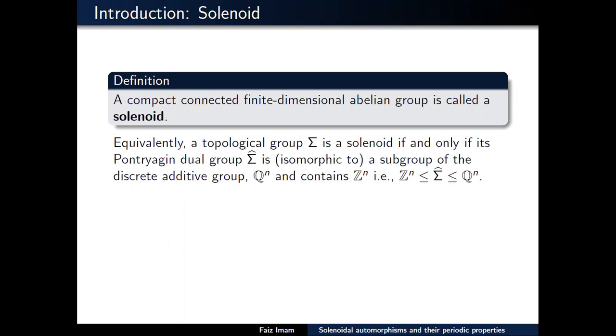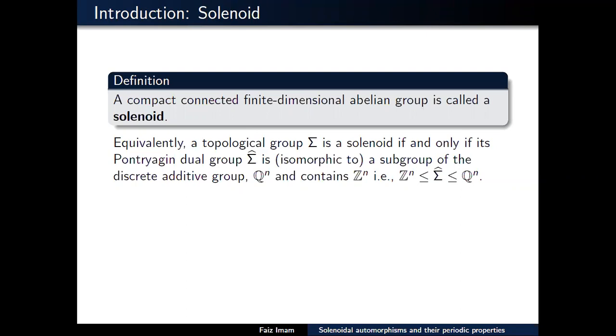For now, just assume that you have a topological group Sigma, and we have something defined as the Pontryagin dual of that group called Sigma hat. When Sigma hat lies between Z^n and Q^n, we call it a solenoid.